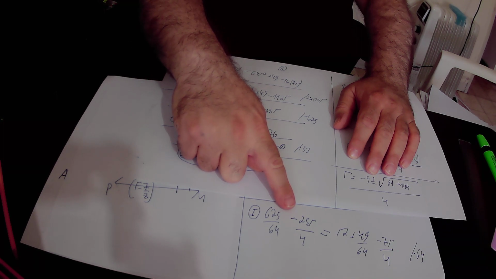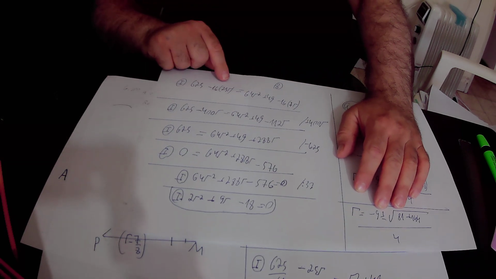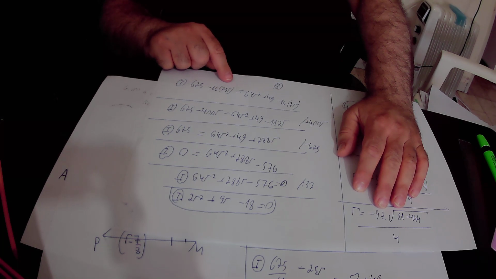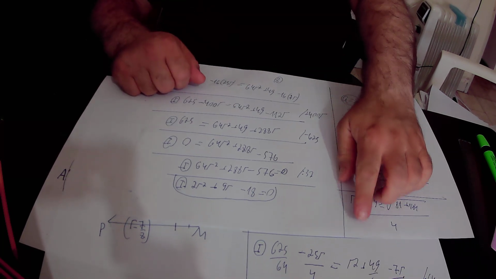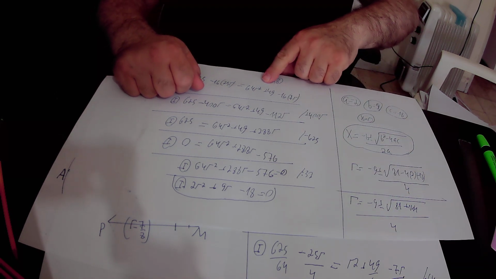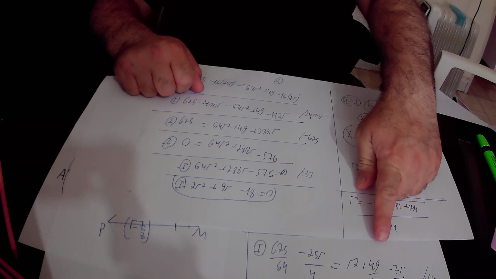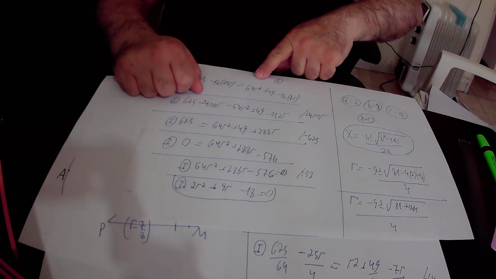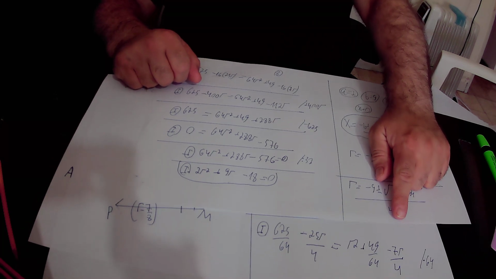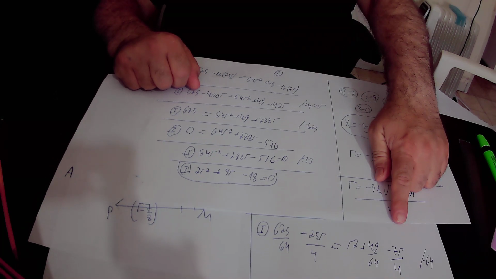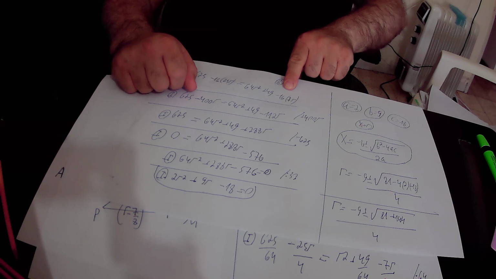So this expression equals minus 16 times 25r after we multiply it by 64. And here r squared times 64 equals 64r squared. And 49 times 64 over 64 equals 49. And here we have minus 7r over 4 times 64, which equals minus 16 times 7r.